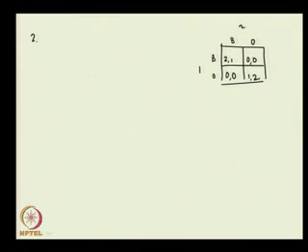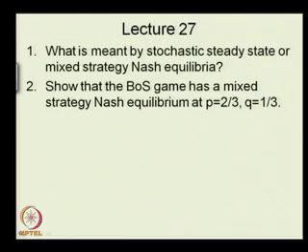So, we have to prove that player 1 is assigning 2/3, 1/3 and player 2 is assigning 1/3, 2/3 to their actions B and O, and that is a mixed strategy Nash equilibrium.